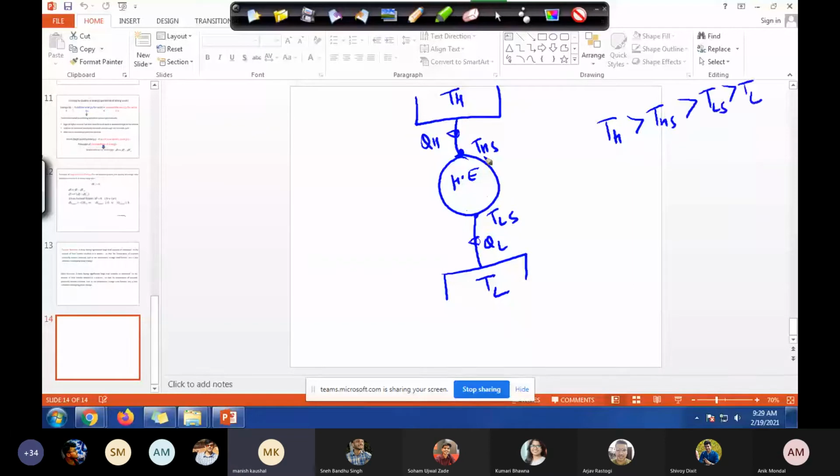If you don't replace this THS by an equivalent thermal reservoir, and if you treat this problem strictly in this sense, then can anyone tell me whether this heat engine will work reversibly or not? Answer is no. That's what Huang is saying: if you are passing heat through a finite temperature difference here, then a quasi-static process is not possible, meaning the heat engine cannot work reversibly.